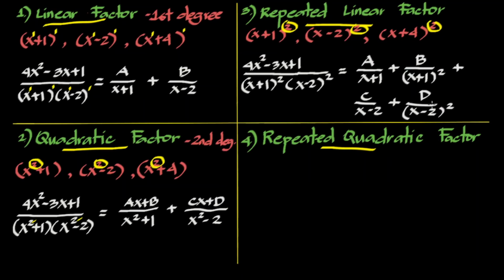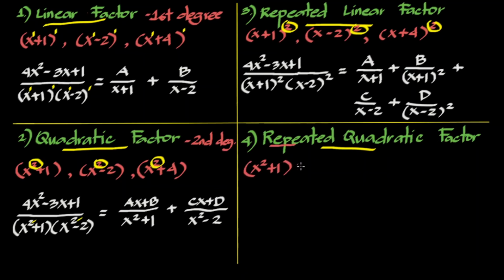squared. Ayan. How about yung last type, which is yung repeated quadratic factor? Same pa rin, repeated lang siya. So, ito yung example. Say we have x squared plus 1, quadratic siya.